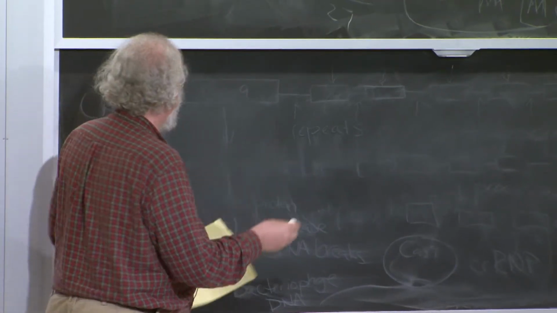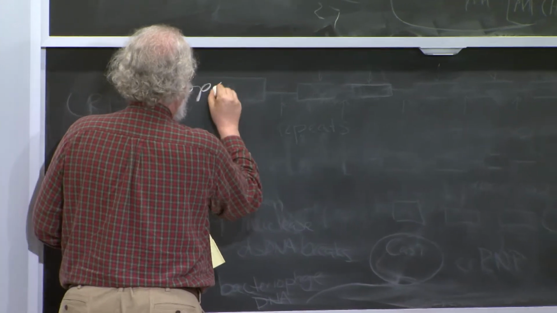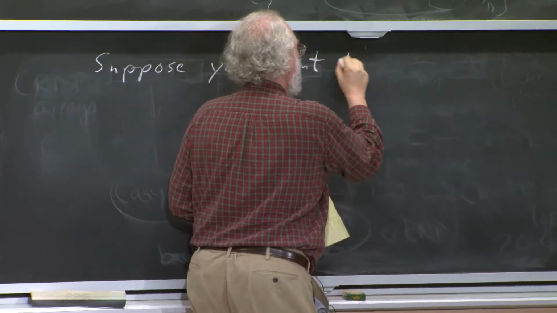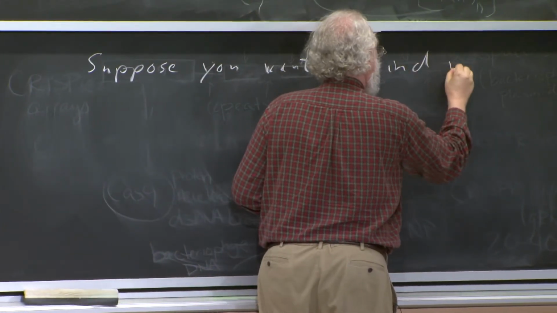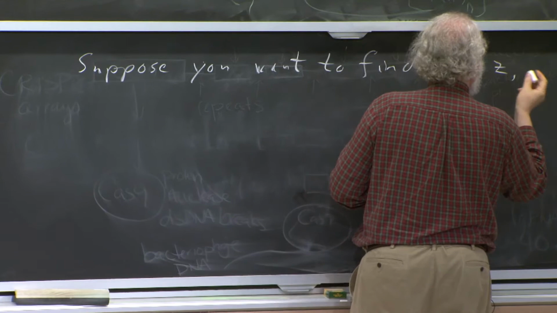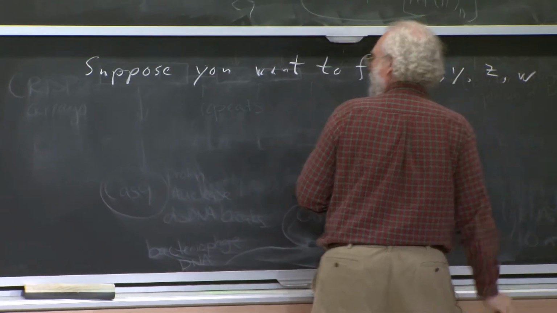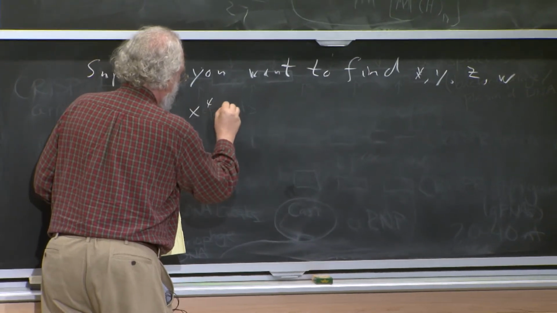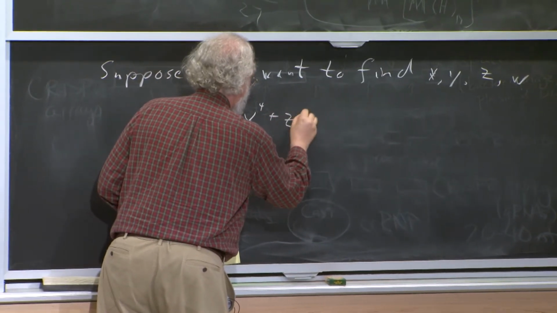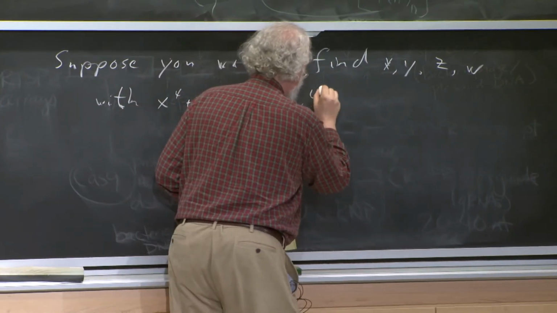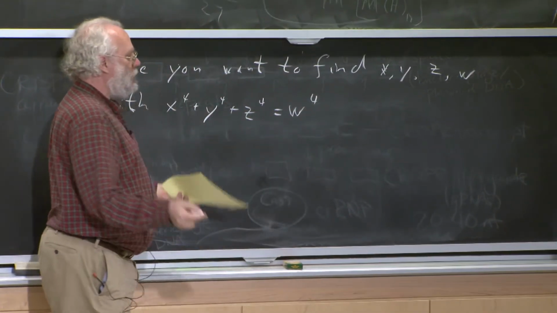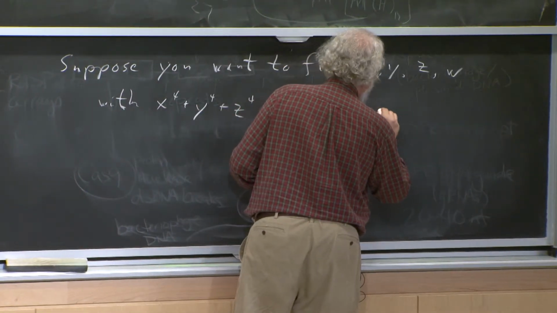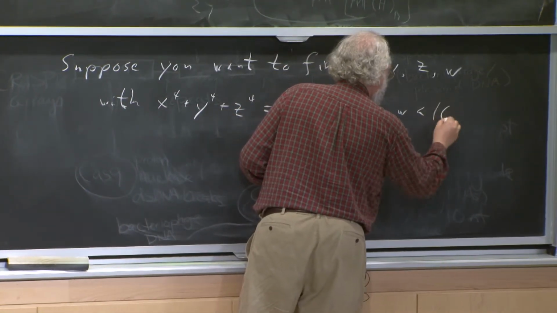So suppose you want to find x, y, z, w with x to the fourth plus y to the fourth plus z to the fourth equals w to the fourth. And you know there's a solution with x, y, z, w less than 1 million.